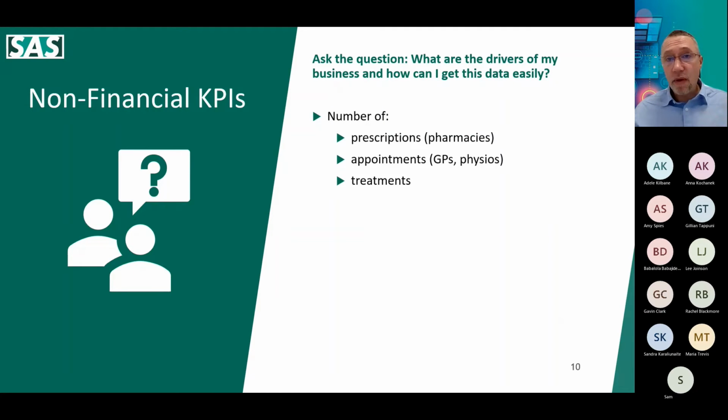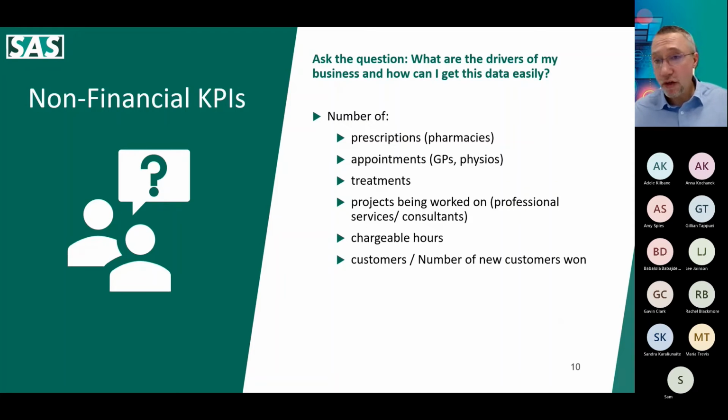That's really important. So let's have a look at some different sectors. For pharmacies, it could be the number of prescriptions. For GPs and physios, it could be the number of appointments or treatments they give to clients. If you're a professional services business, it could be the number of projects you're working on, or the number of chargeable hours you're clocking up. For other general businesses, it could be just the number of customers you've been serving.